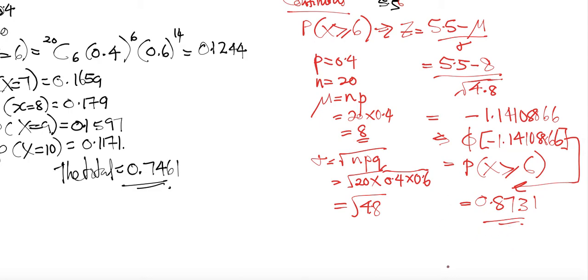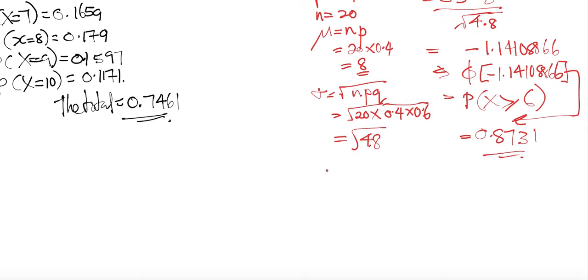And then next is the probability for x less than or equal to 10. So we know they're talking about 10. What is the highest value that you can take, or the upper bound? The upper bound is 10.5.